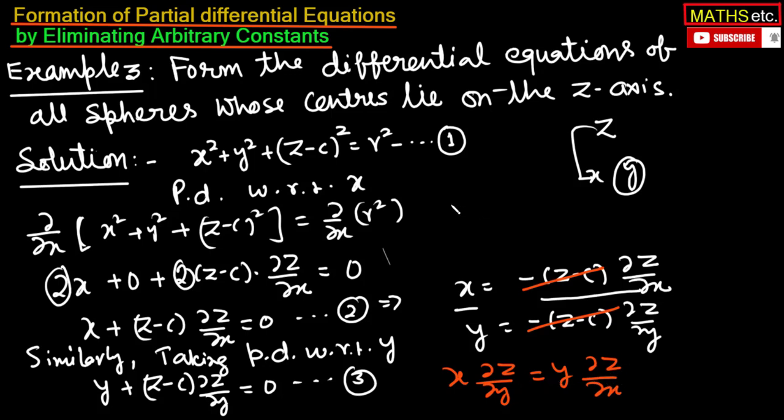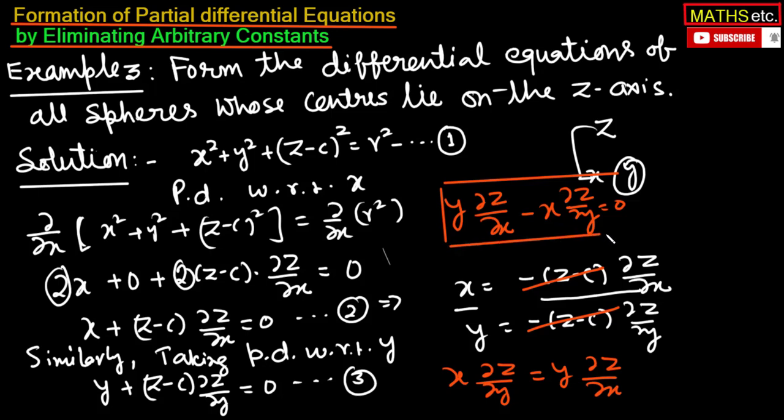We can rewrite it as y del z over del x minus x del z over del y equals 0. So this one is the required differential equation, and it turned out to be a first order partial differential equation. At times we write del z by del x in p notation, and del z by del y in q notation.